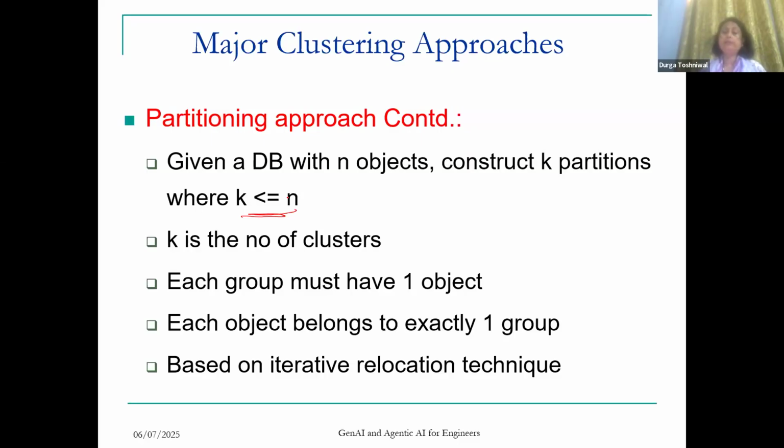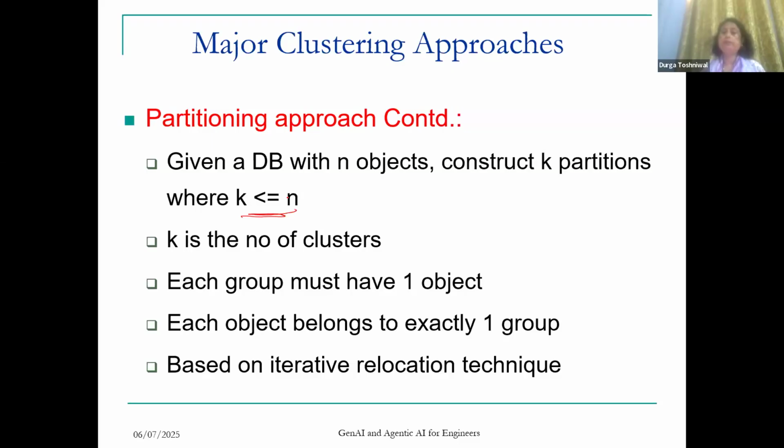Therefore, each and every data point will belong only to one particular group. There cannot be a case where a data point is assigned to two groups. Hence we say that each and every data element in the partitioning approach for clustering belongs to exactly one group, neither less nor more. Okay.